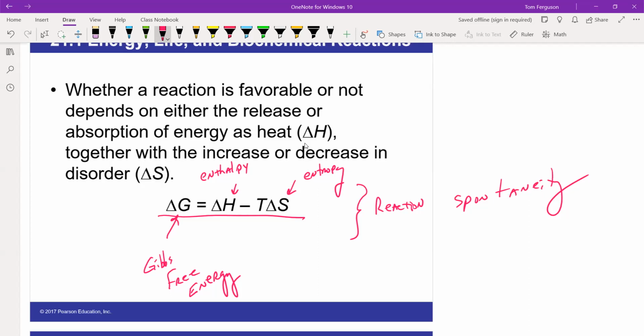Entropy is temperature dependent. As temperature goes up against the entropy constant for that reaction, the reaction will get more negative.